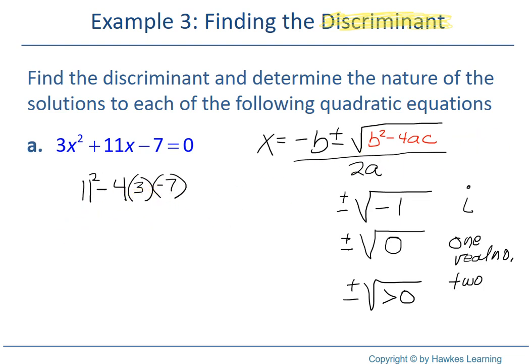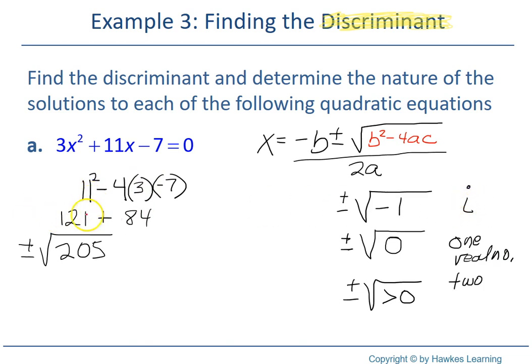So we're going to multiply that through. Now, an interesting thing to note, if your c term is negative, because this 4 is negative, this will end up being positive. So you know it's not going to be an imaginary number over here.